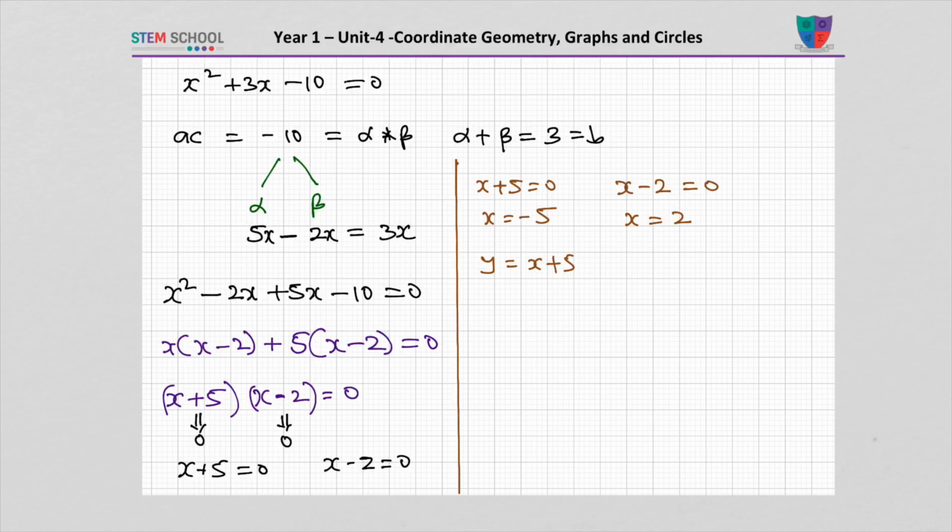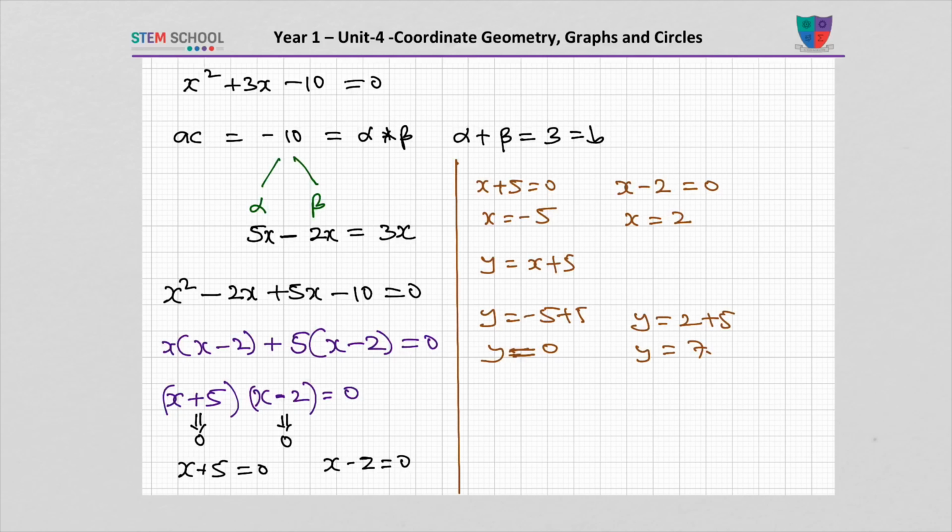So when x is minus 5, y will be equal to minus 5 plus 5, and that equals 0. And when x is 2, y will be equal to 2 plus 5, and y equals 7. So now I've got two solutions, x equals minus 5 and x equals 2.